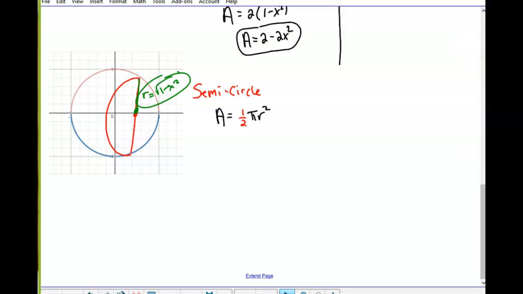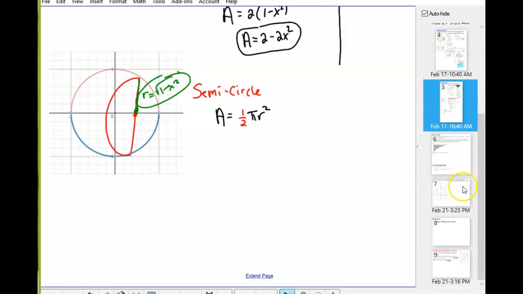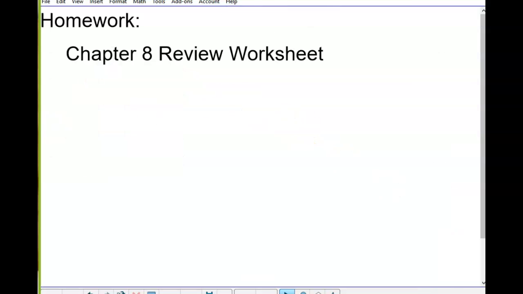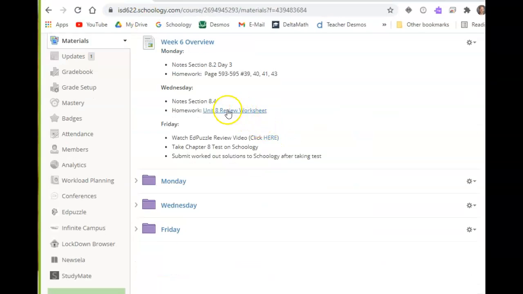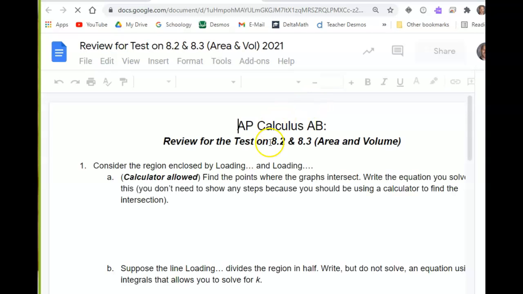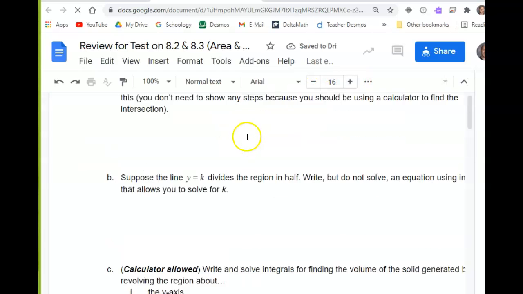So, I had plenty of examples. We didn't get through them. Here's what we got tonight. I just want to make you aware of where to see this. I just updated; I realized I didn't have this link in here as of this morning. So our homework tonight is a review worksheet. I will put the answers up; I haven't put them up yet. But here is the review.